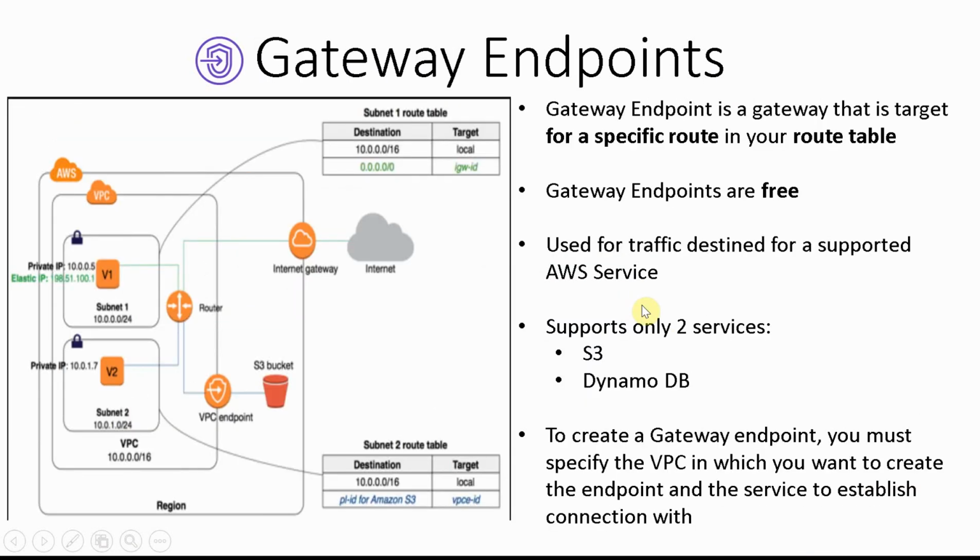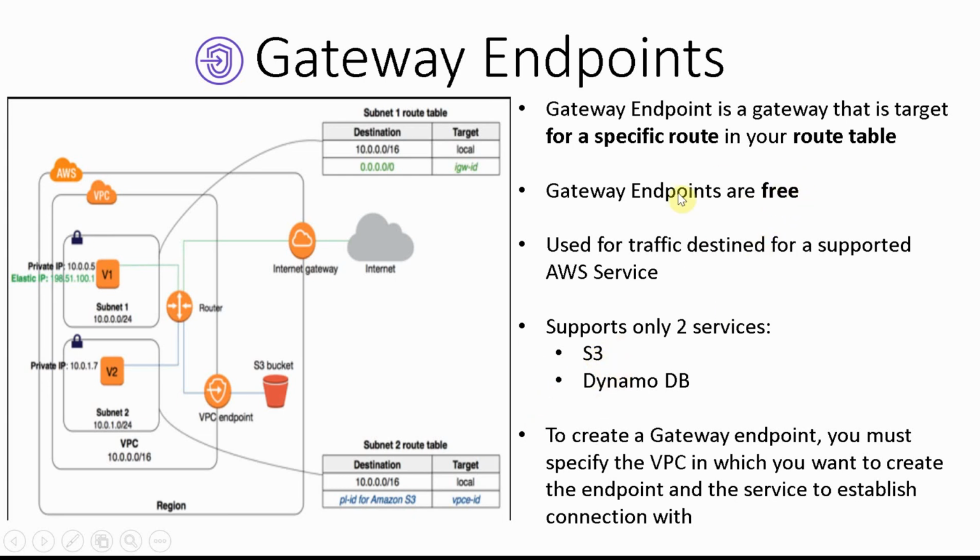And then gateway endpoints is another combination where it supports only S3 and DynamoDB. If these two are the products that you want to talk to, then you can use gateway endpoints. Again, for us coming under the same category, S3 is outside and your EC2 is inside, then you can use a gateway endpoint, and the advantage is that this is free.